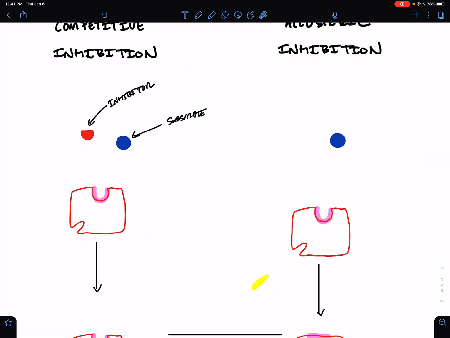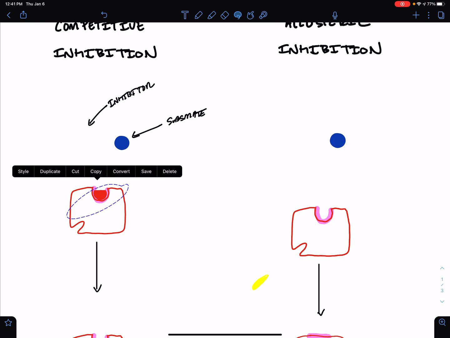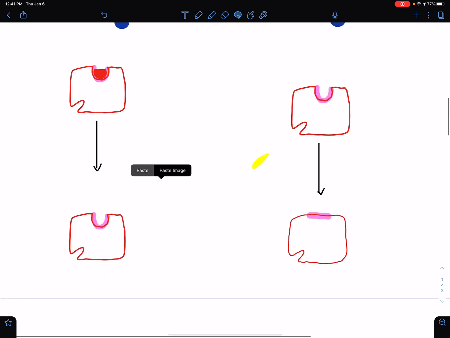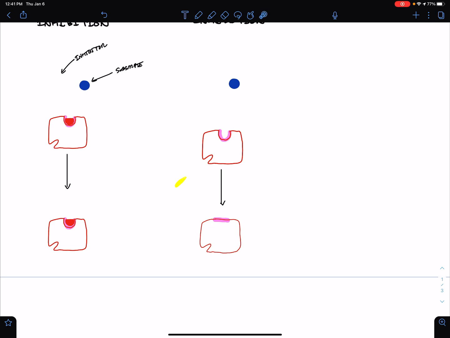In this example, the inhibitor has a similar shape to the substrate itself. And so instead of the substrate diffusing down and binding to the active site, the inhibitor can diffuse down and bind to the active site here, and block the actual substrate from entering the enzyme.